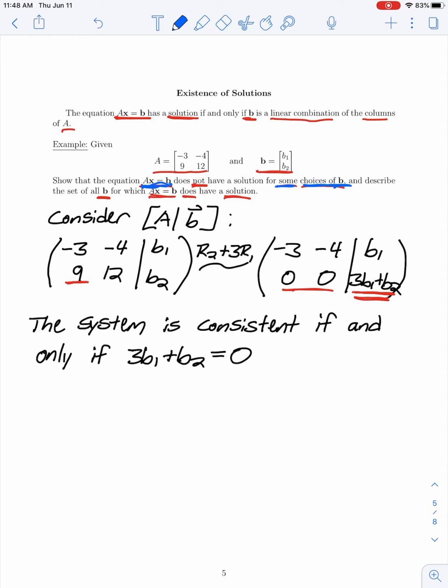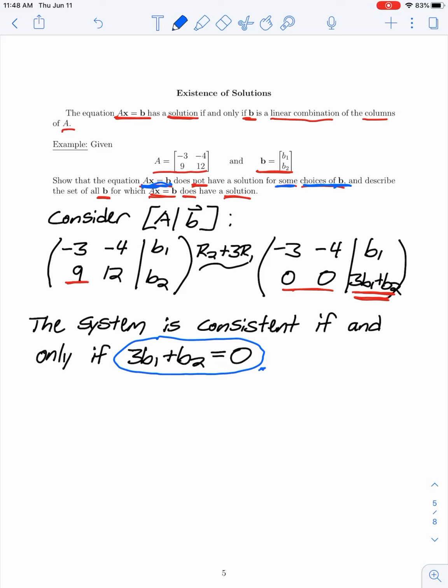Now, we are asked also to describe the set of all vectors B for which AX equals B does have a solution. So as our description, we could say, well, algebraically, the elements of B have to satisfy 3B1 plus B2 equals 0. So let's think about what that sort of equation describes.